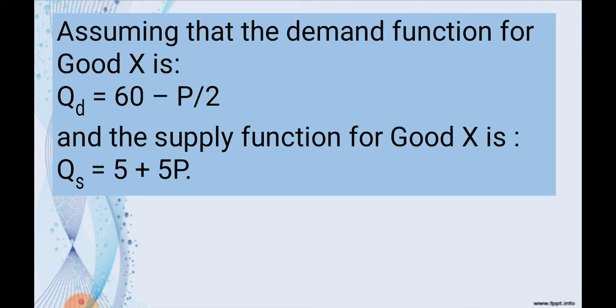And the supply function for the good is QS, or Q sub S, equal to 5 plus 5 times P, where P is the price.